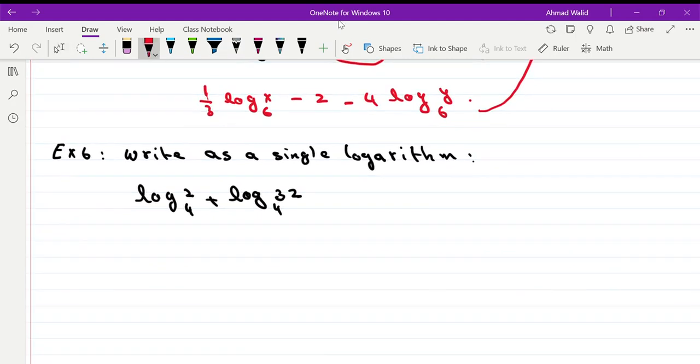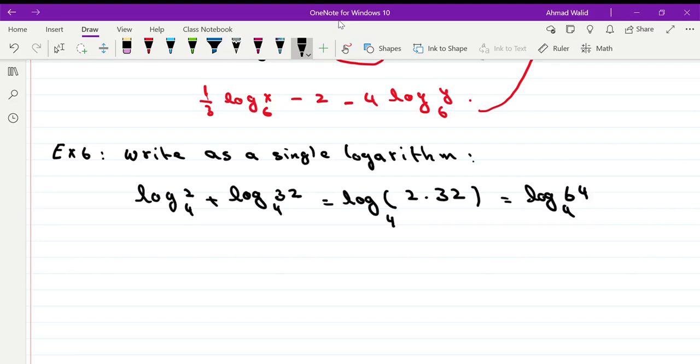Now, look at here. I have addition. Addition, I can change it to product as a one single logarithm, right? Then I will write one log, I'll open a parenthesis, 2 times 32, and one of the bases, which is 4, which gives me log of 64 base 4.